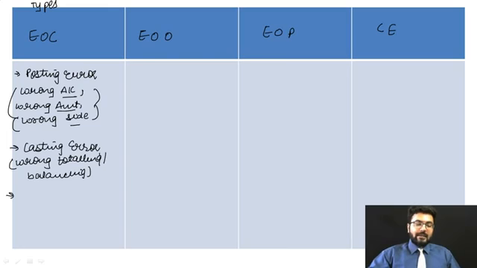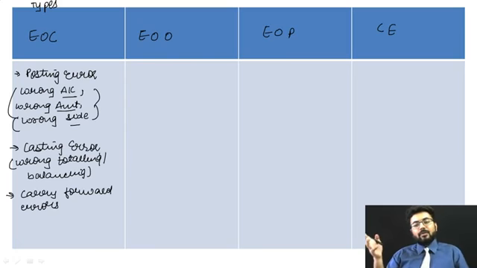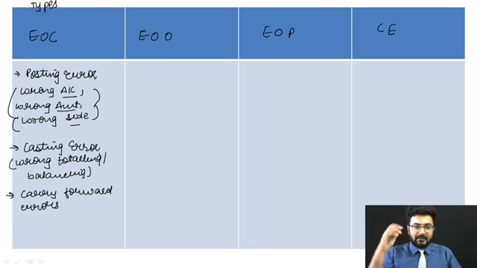Then after that, carry forward errors. You guys understood the same? There are some errors where a wrong amount is carried forward, or the amount is on the wrong side, so these things get carried forward again and again.